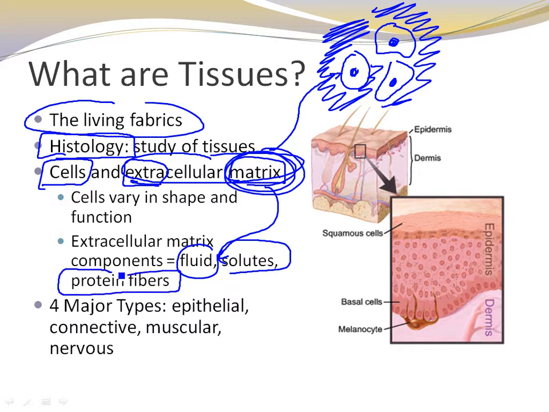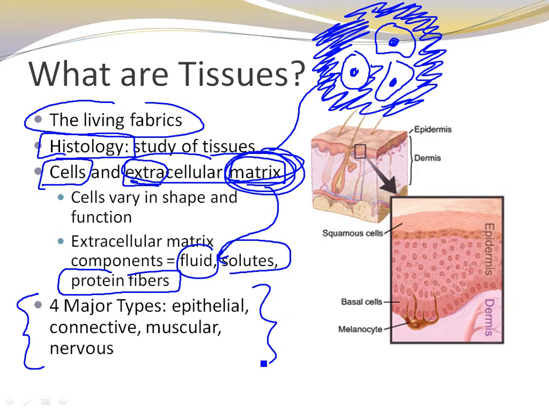And in some types of tissues, you will learn that much of the space in between cells is occupied by special types of proteins that have a fibrous or thread-like shape. Those are called protein fibers. You'll learn a whole lot more about those. So tissues are woven together to build all the different structures of the body.